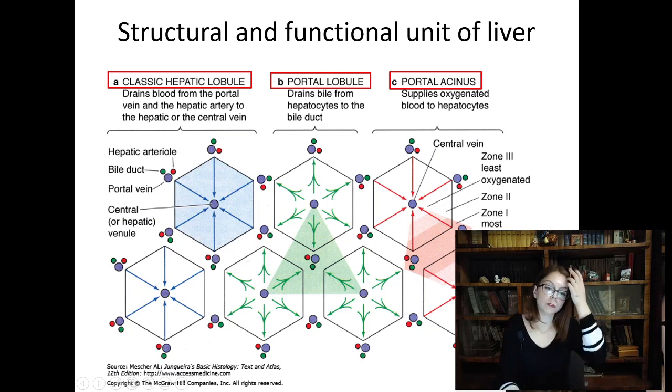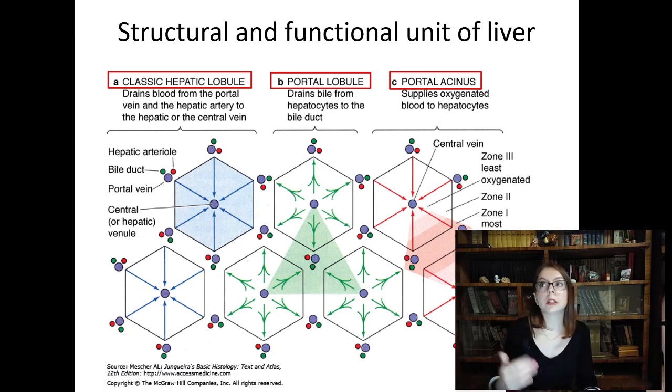So in case of different diseases like ischemia, when the concentration of oxygen is decreased in the circulating blood, the third zone would be affected first of all, as it is least oxygenated, so it suffers from hypoxia first. In case of viral infection, if viruses are spread with the arterial blood, they should affect the first zone first.